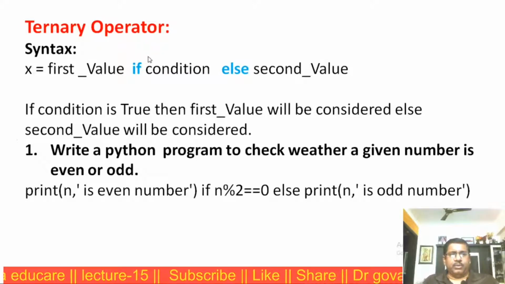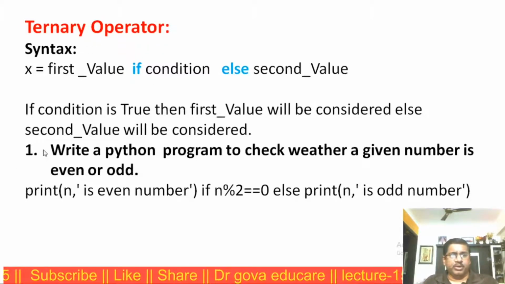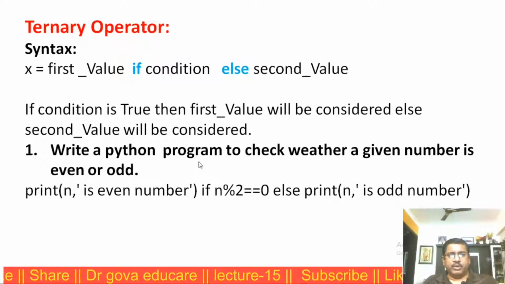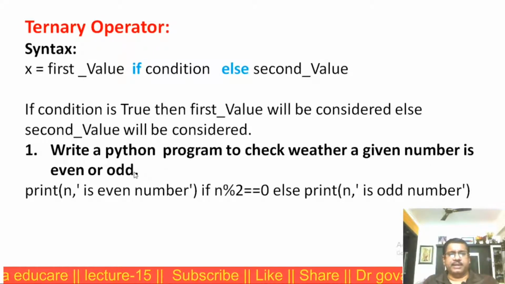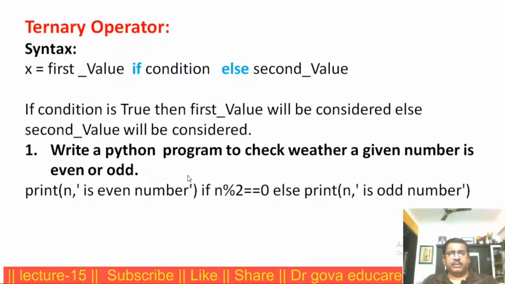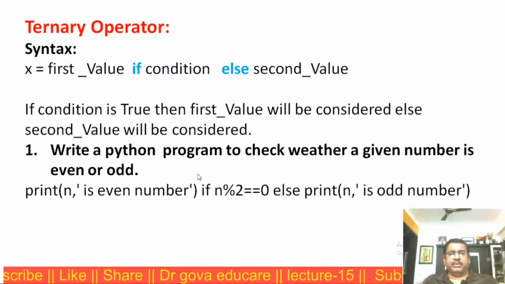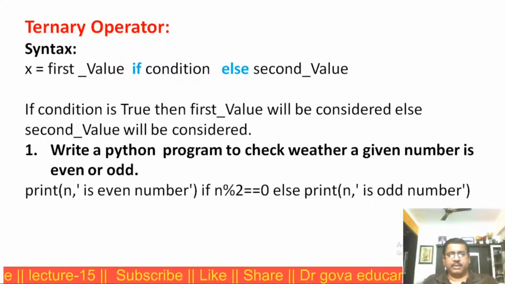Now, using this ternary operator, we will discuss some sample programs. First program, write a Python program to check whether a given number is even or odd. Suppose n is a given number. If n is divisible by 2, it is an even number, otherwise it is an odd number.